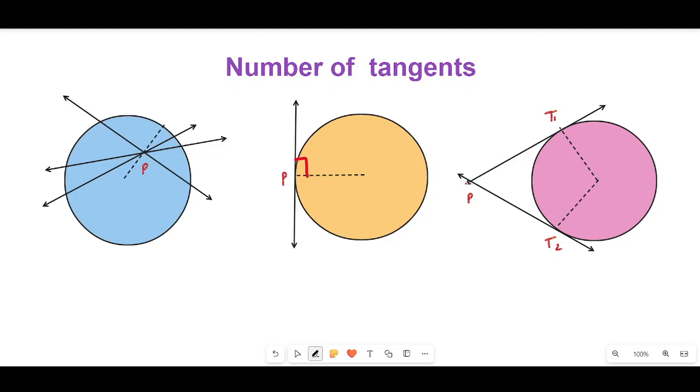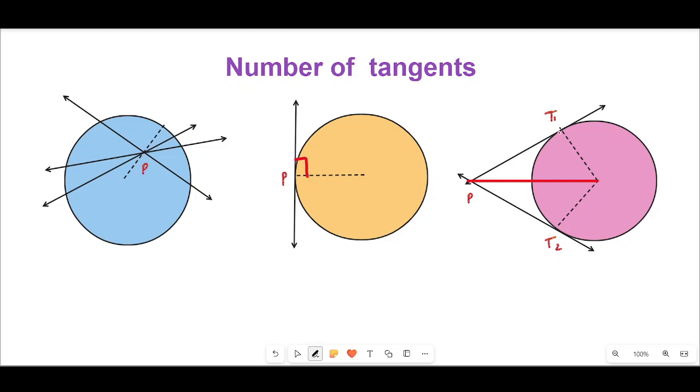Now if you try to draw the line here and use similarity rules, this is also a theorem. From this we can prove this theorem; later on we will prove it.